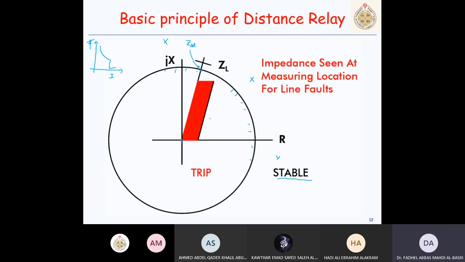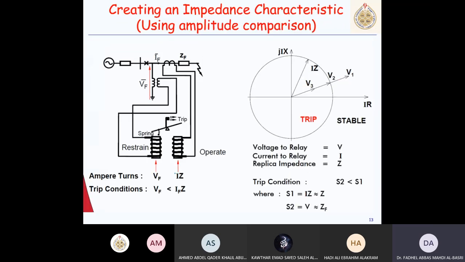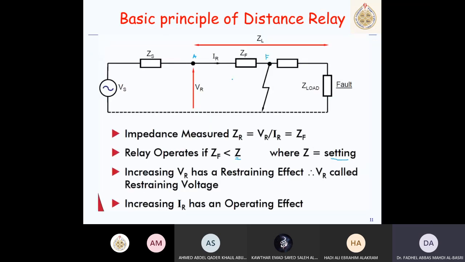Now to implement this, we can use a balance beam to compare two signals. The first signal represents our setting, which is Z set. We know that the trip action operates if Z measured by the relay is less than Z setting.